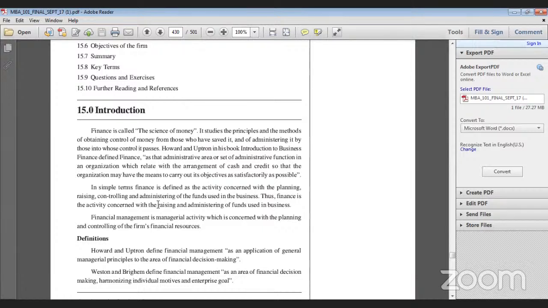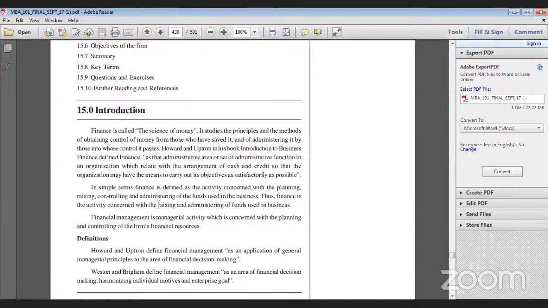However, the book introduces business finance definition and finance. It is a determined area of the set of administrative functions in which the organization is related to the management of cash and credit, so that the organization may carry out its objectives in a satisfactory position.